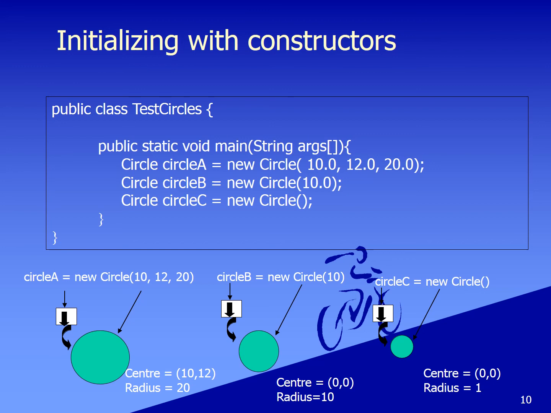The second one, Circle B, with only 1 parameter, goes to the Circle constructor with 1 parameter. And Circle C goes to the Circle constructor with none. So in this case the radius will be 1 for the last, 10 in the middle one, and 20 in the first.